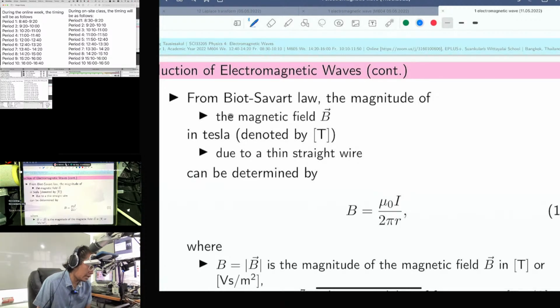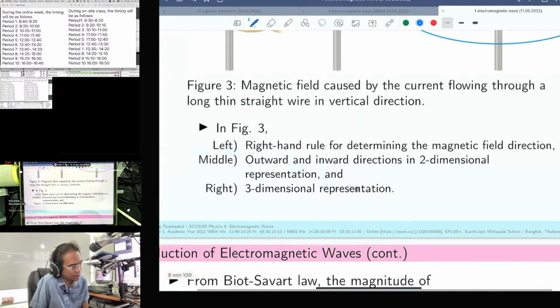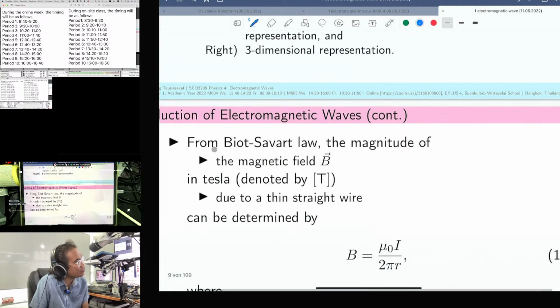All right, and there are two people who tried to observe the strength of the magnetic field caused by the current flowing through a conductor like this. Okay, these two people are Biot and Savart. I think both of them are French.